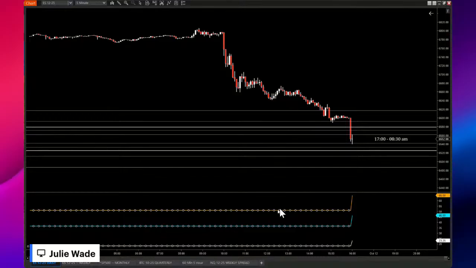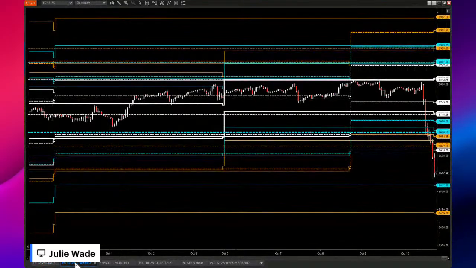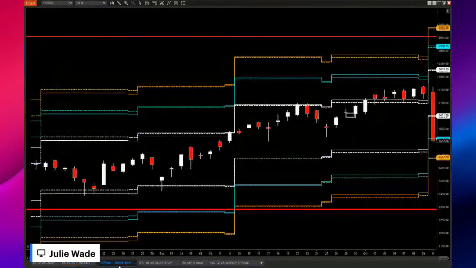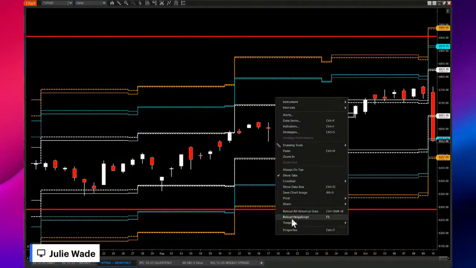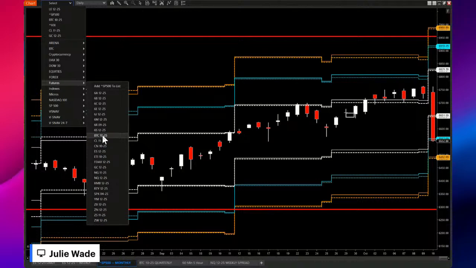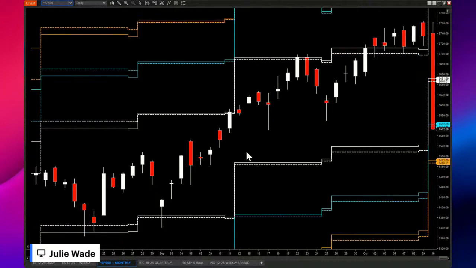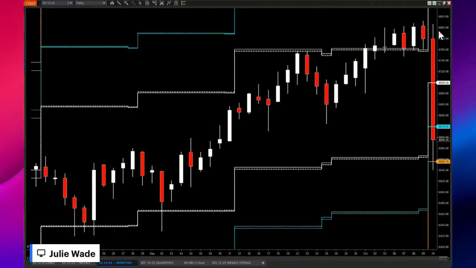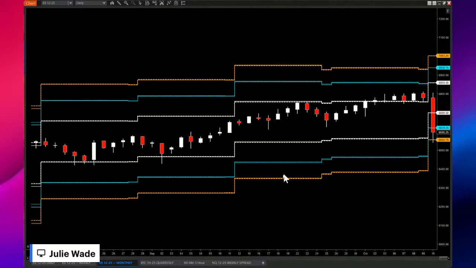Let's take a look at, you know, we don't have weekly bars yet. This is last week, but we do have monthly. Let me change this back to ES. I've been playing around with these levels.